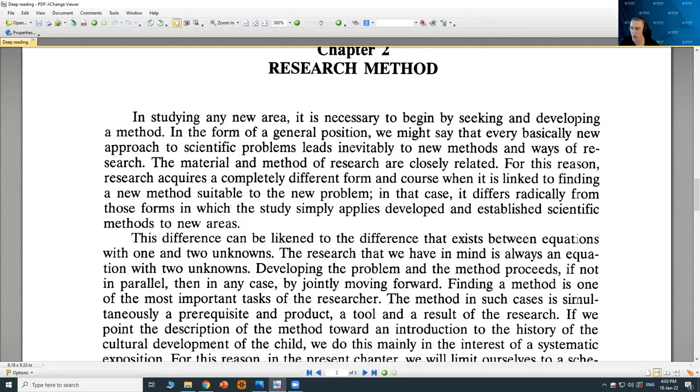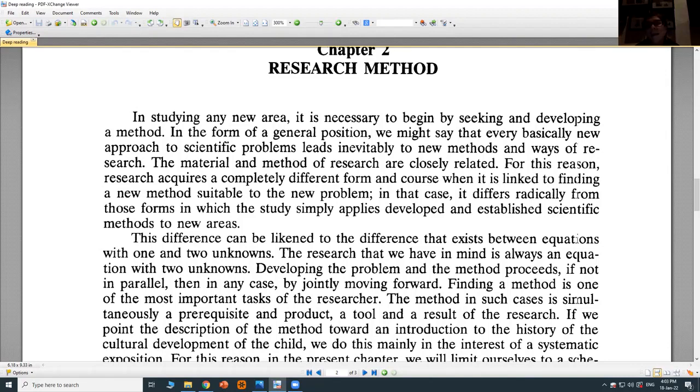So I see Claudia was here and disappeared. Claudia, are you here? Okay. You want to say something? Yes, I think that what looks very interesting to me is that we have new areas of research, and the suggestion is that we have to look for new methods and approaches to new problems.